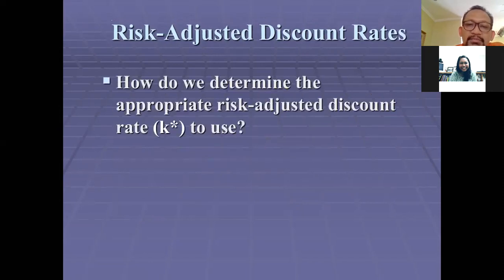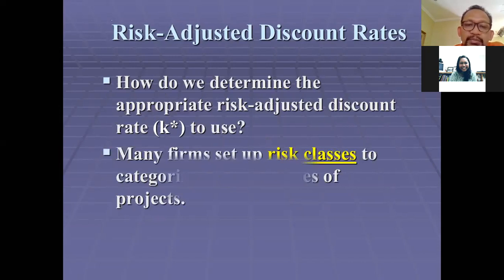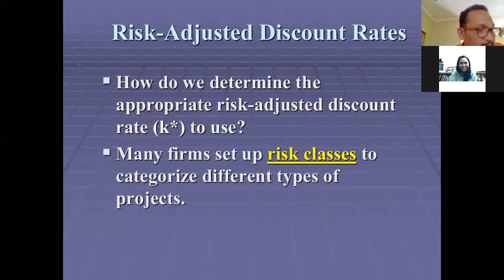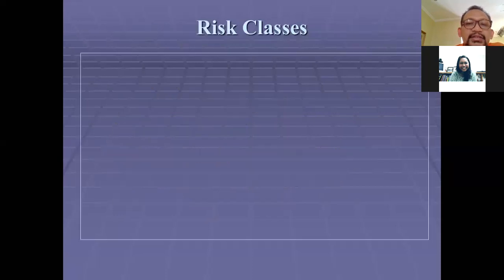How do we determine the appropriate risk-adjusted discount rate to use? Many firms will set up risk classes to categorize different types of projects. For example, like this. This is risk, and this is called the risk-adjusted discount rate.